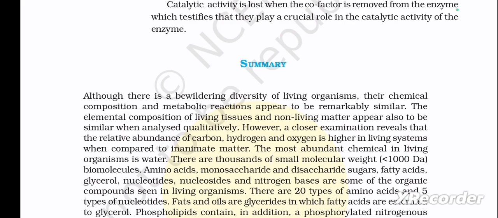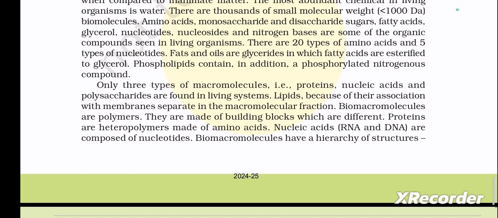Fats and oils are glycerides, in which fatty acids are esterified to glycerol. Phospholipids contain, in addition, a phosphorylated nitrogenous compound. Only three types of macromolecules, that is, proteins, nucleic acids, and polysaccharides, are found in living systems. Lipids, because of their association with membranes, separate in the macromolecular fraction.